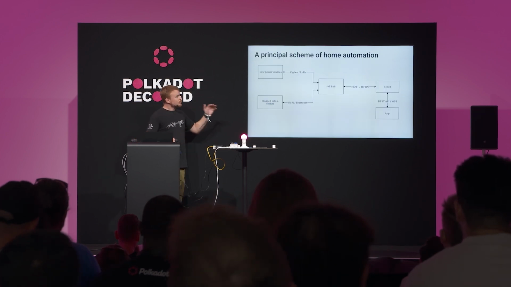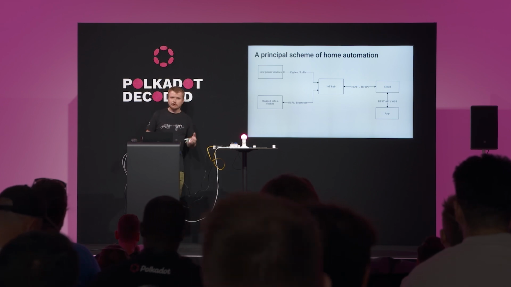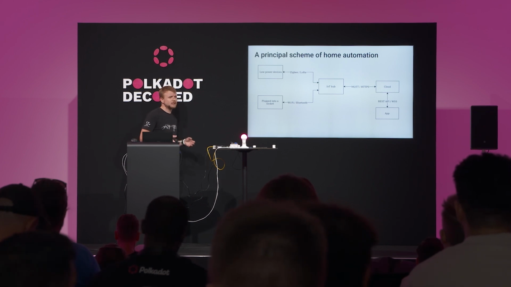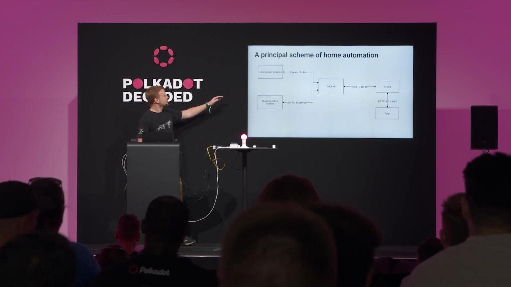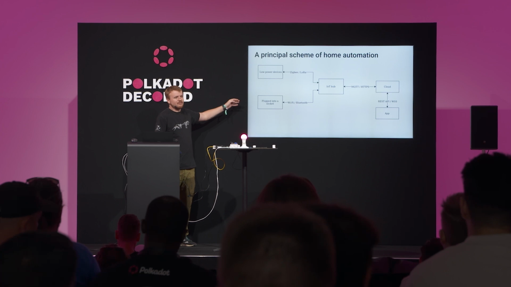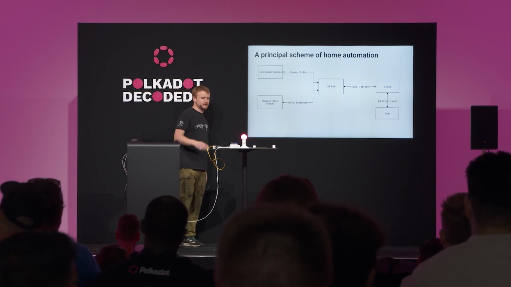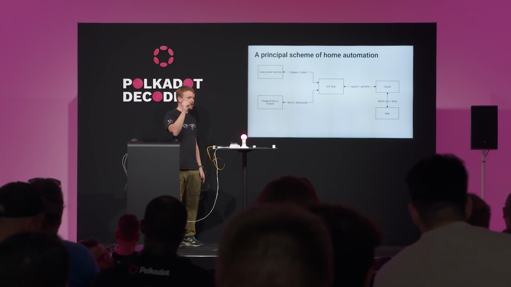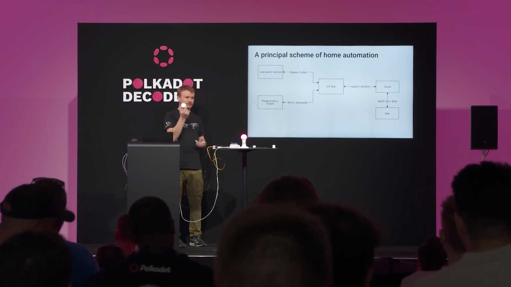And when you try to put some sensors inside your home and make the first steps with home automation, your principal scheme of connecting your stuff will be the same. You will put around 4, 5, maybe 10 sensors, and part of them will be low power consumption sensors like this one, or a water leak sensor with this small battery.